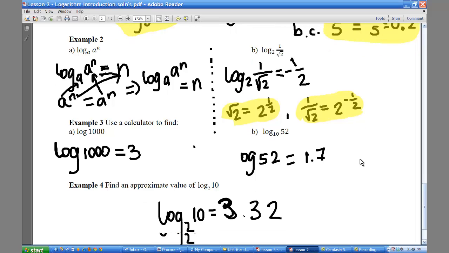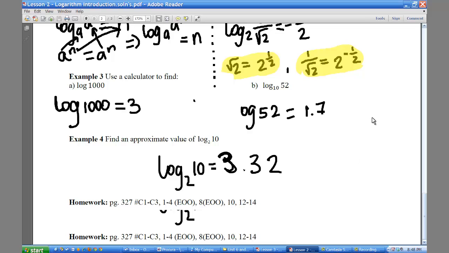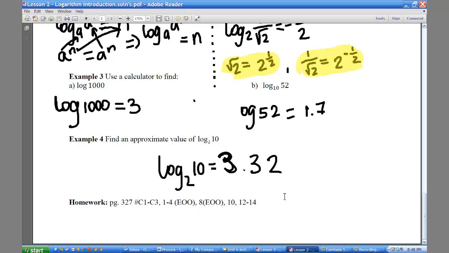All right, what happens though if your base is not 10 and you want to find it using a calculator? Look at this example, log 2 of 10. To enter this in a calculator, the easiest way would be to do log 10 divided by log 2, and that will give you 3.32.